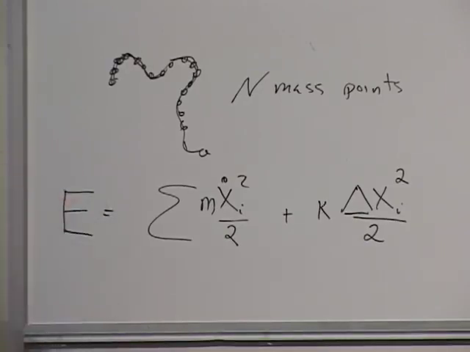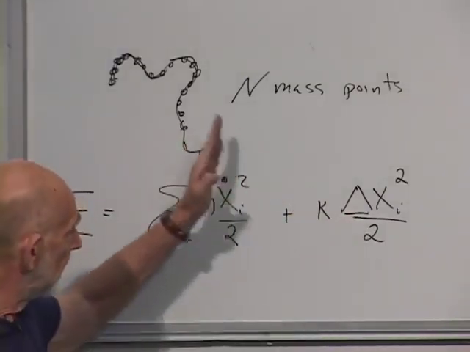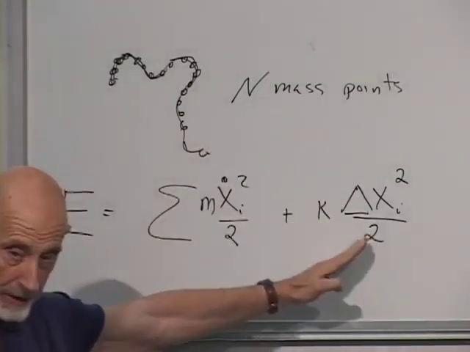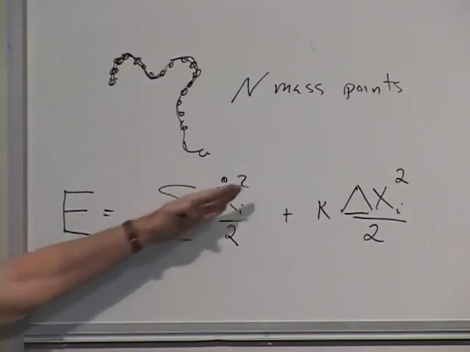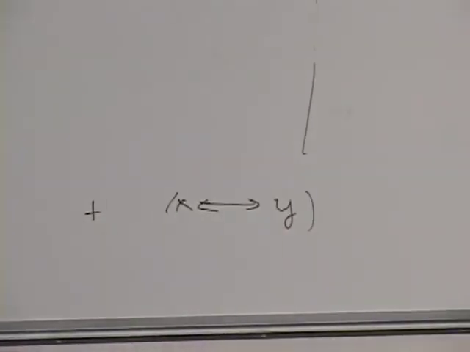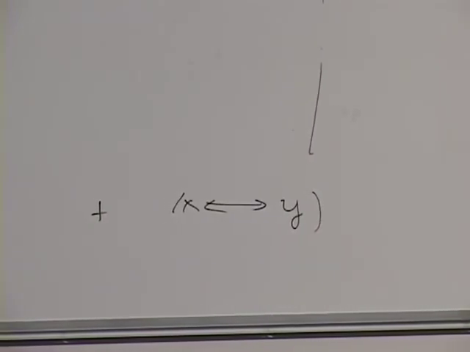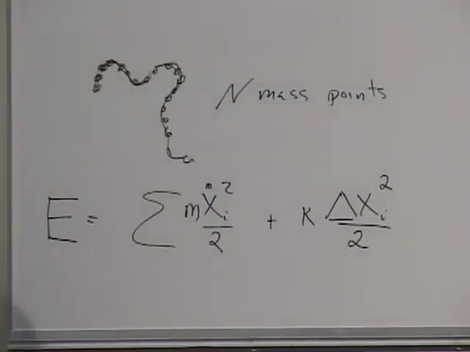That's the energy. What about the Lagrangian? It's the difference. This is kinetic energy, potential energy. Lagrangian is kinetic energy minus potential energy. So we might want to write that down at some point. And exactly the same kind of expression, except where x everywhere is replaced by y. That's a string of point masses.